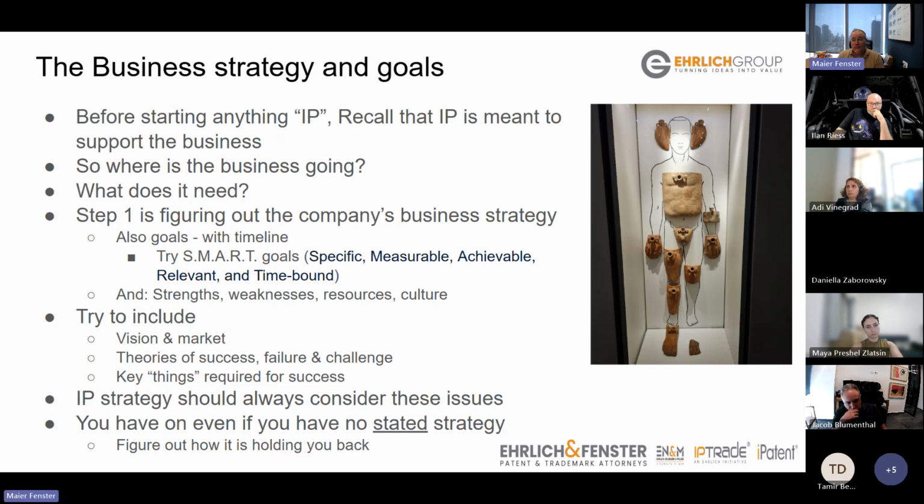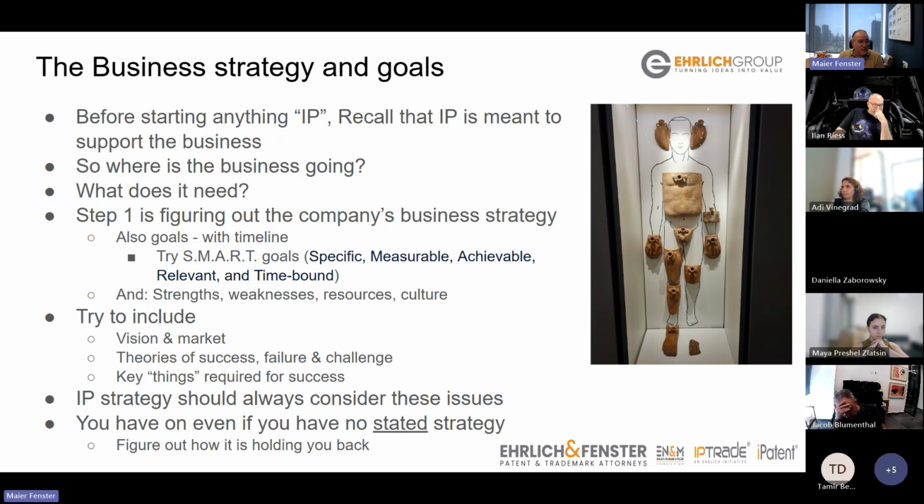In addition, there are other things you'd like to know about the company, all sorts of context, like where it is strong, where it is weak, what resources it has, and so on. And even more information that's nice to have before you start working on IP strategy is: what is the company vision? What is the market it's trying to sell to? What is its theory of success, failure, and challenge?